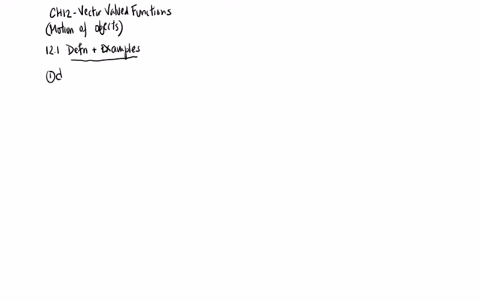Funnily enough, we've seen a vector valued function before, but we didn't use that term. A vector valued function, which I'm going to abbreviate VVF so we can be a bit lazy, is nothing more than a function which inputs a real number and outputs a vector.